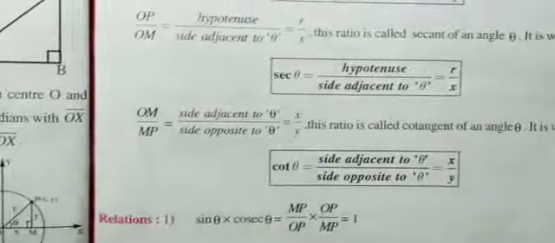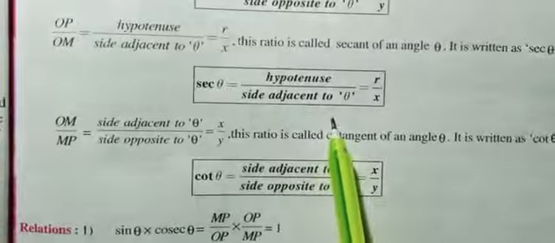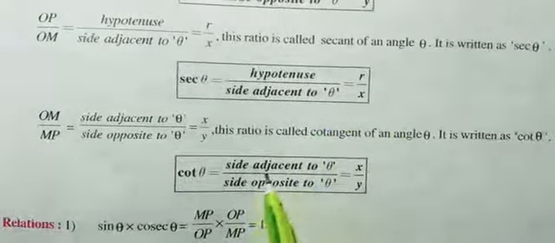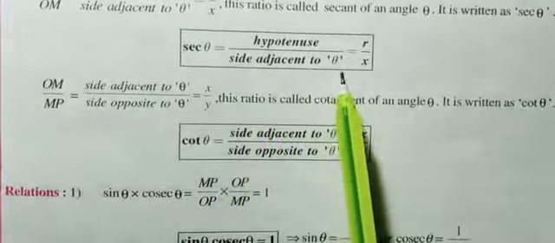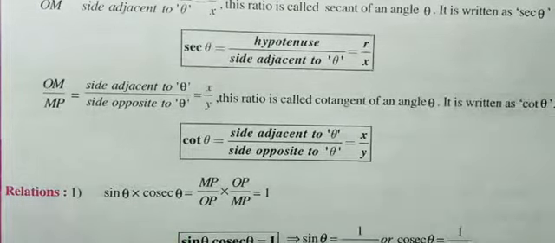So this ratio is called the cotangent of the angle theta. So it is written like that. So this relation we have got: sin, cos, tan, cosec, sec, cot. Understood that? So next move to the relations.